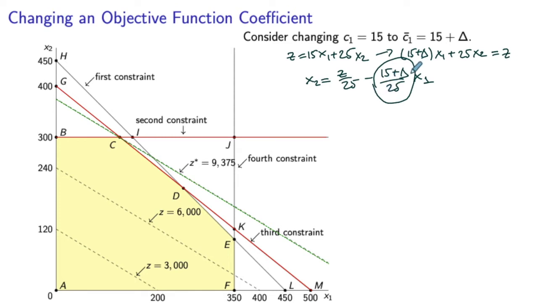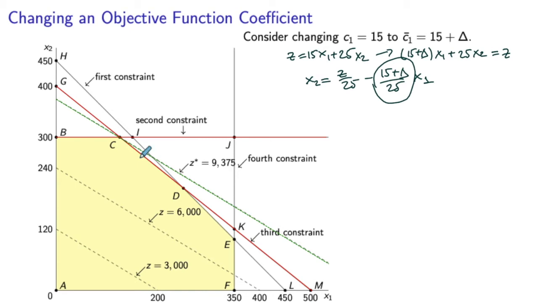It used to be 15 over 25 or 3/5 before we made the change. And the slope of the isoprofit line is important in determining the optimal solution. If the slope changes too much, then the optimal solution will move to another point, right?